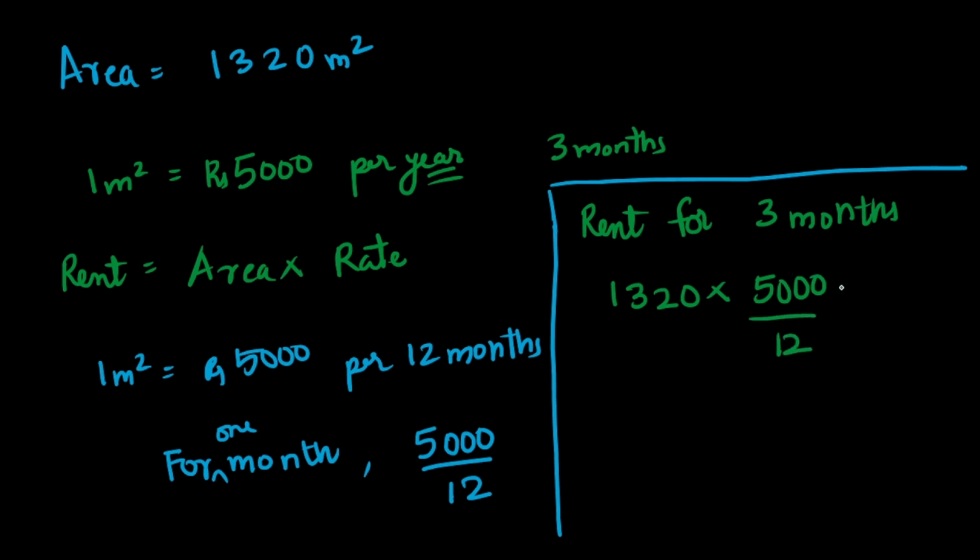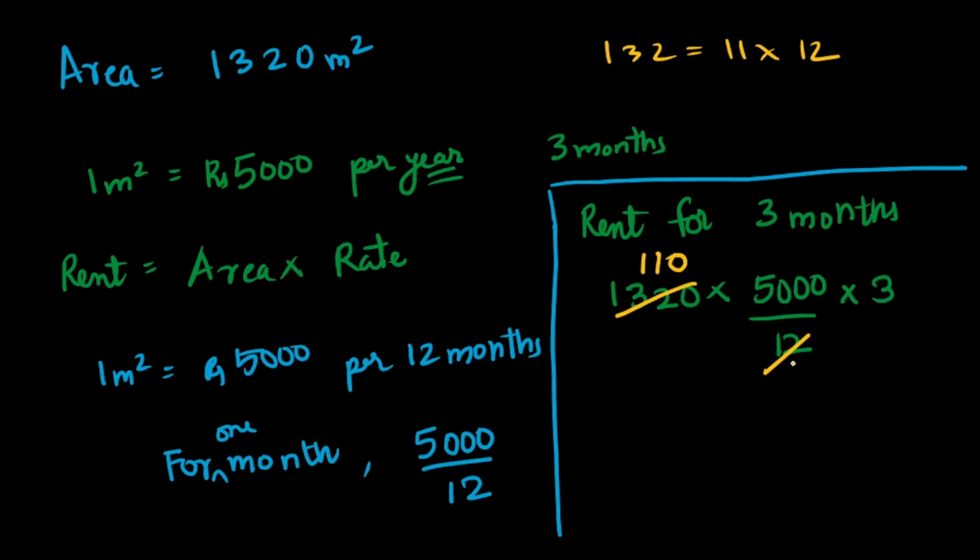They've asked it for 3 months, so we'll be multiplying it with 3. So when you solve this, you know that 132 will go in 12's table, right? So when you cancel this out, you will get 11, then a 0. So we'll have 110. You know that 132 is 11 into 12, right? So written 11, then you have a 0 here.